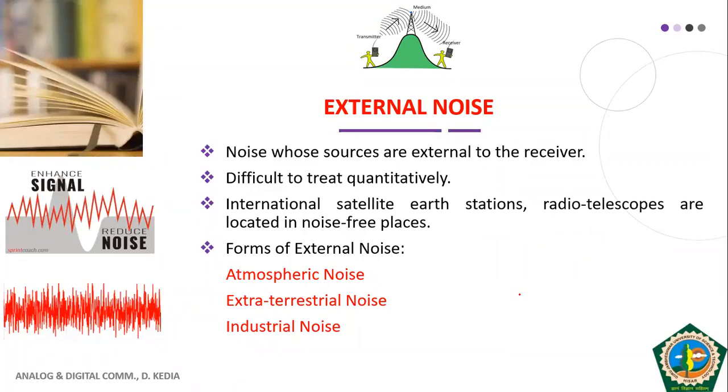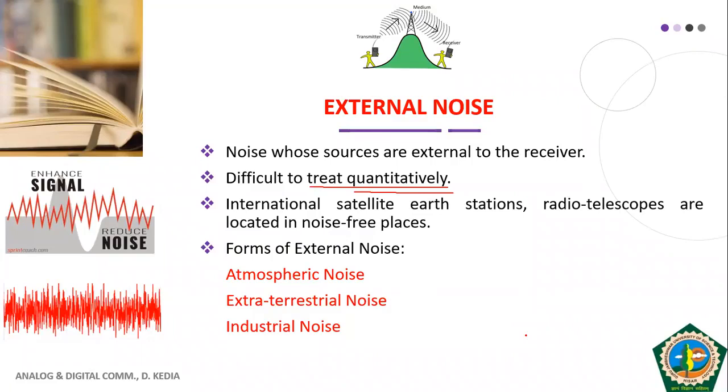So now we discuss external noise. Students, external noise is generated from sources which are external to the receiver. Another important point is that it is difficult to treat external noise quantitatively. Students, you must know that noise is a random signal. But obviously, being communication engineers, we first analyze noise and its effect mathematically on paper.